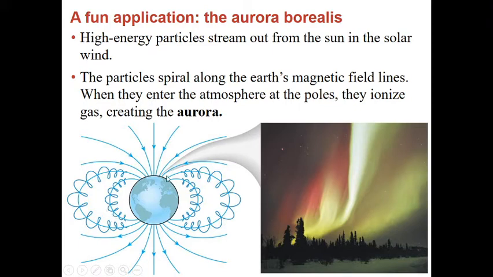And so some of these charged particles from the sun get trapped by Earth's magnetic field, and they make little spiral actions as they follow Earth's magnetic field lines out of the North Pole and into the South Pole, like that. And so these things have such high energy that they actually ionize the air as they travel through the air.